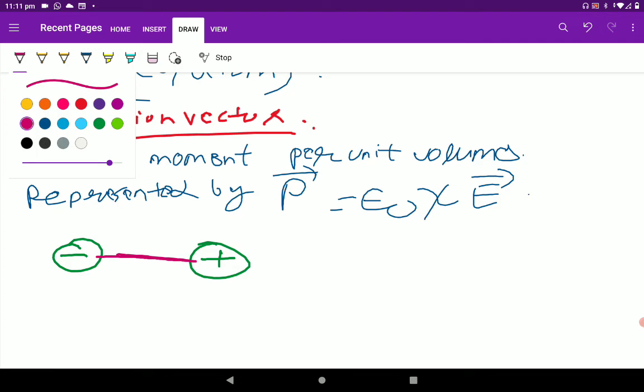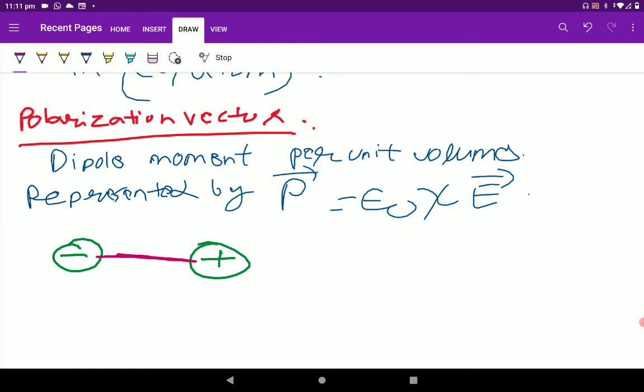So the dipole moment is given by this expression. When an electric field is applied, we have a diatomic molecule, and we can represent the polarization vector by this.